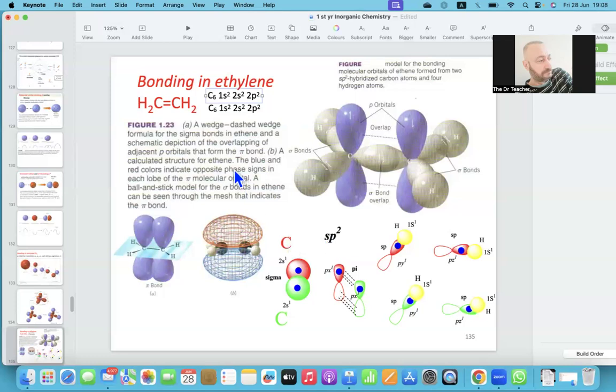Then we have here, you remember, the sp, the spz, and the ss combination, fully overlapped, high electron density above and below the symmetry. And this combination, as you see here, forms the pi orbitals.